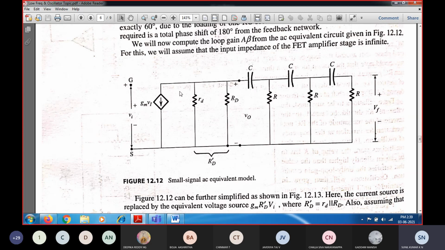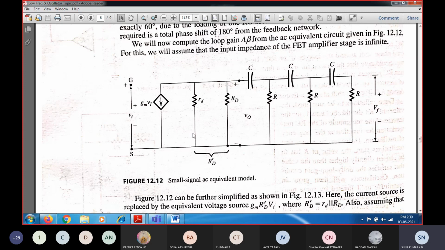We can see there are two resistances, the drain resistance RD and the finite output resistance rd, connected in parallel. Because of that, the equivalent resistance RD dash is nearly equal to the value of the drain resistance itself, because the drain resistance is very small when compared to the finite output resistance.